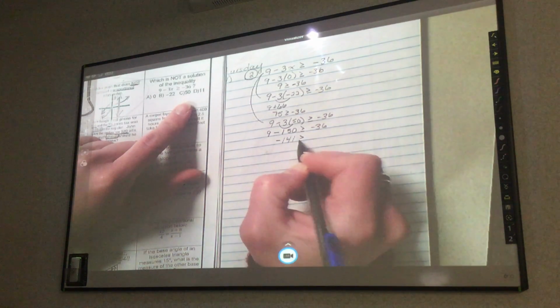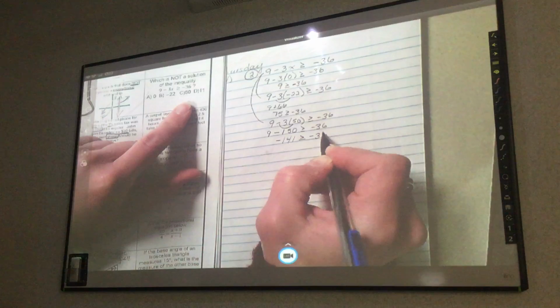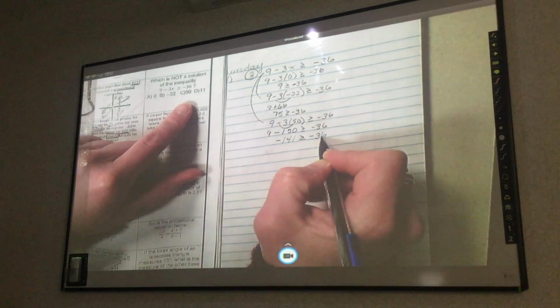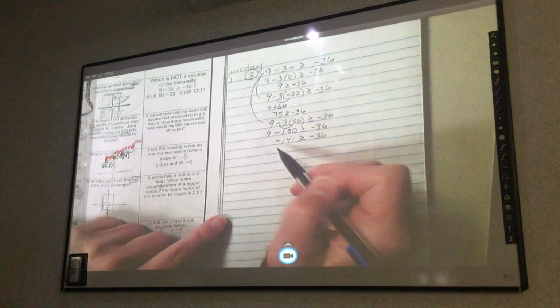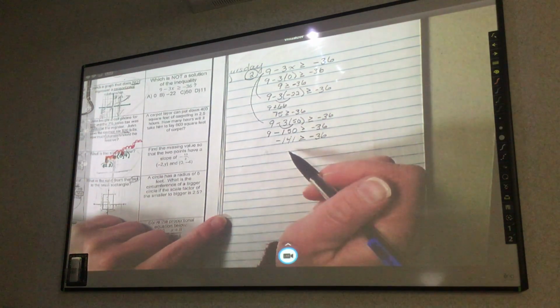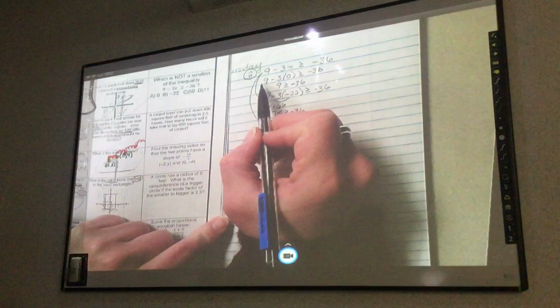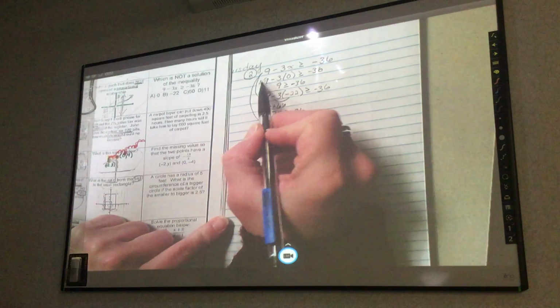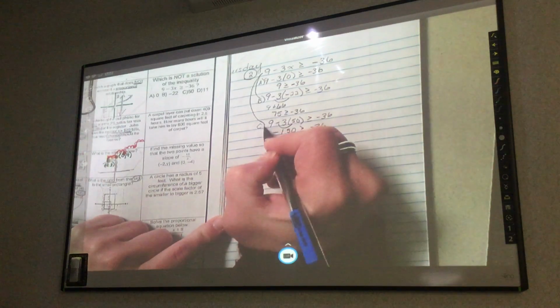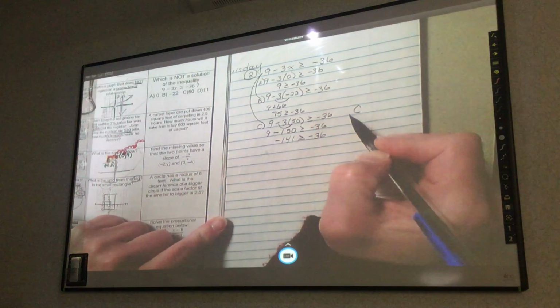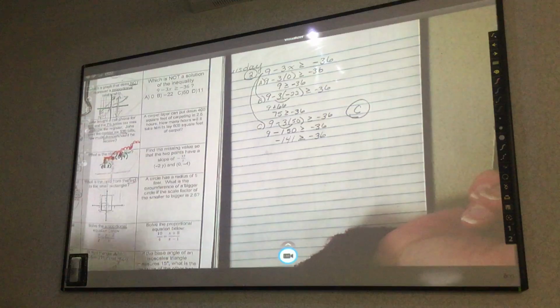Is a negative 141 greater than or equal to a negative 36? No. Because the bigger the negative number, the smaller it is. So this was A, this one was B, and this is C. C is my answer because C does not work.